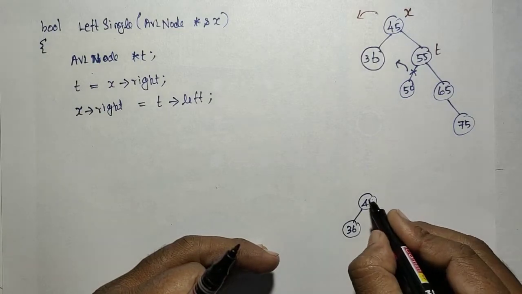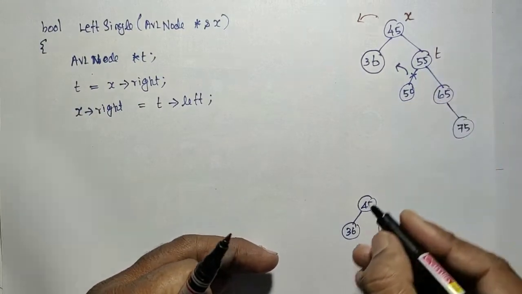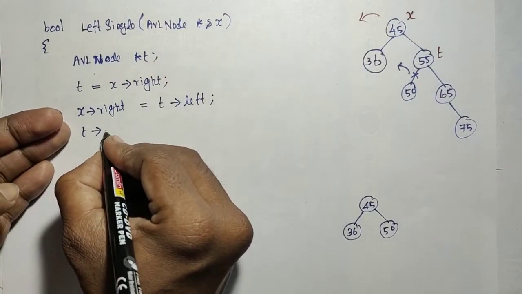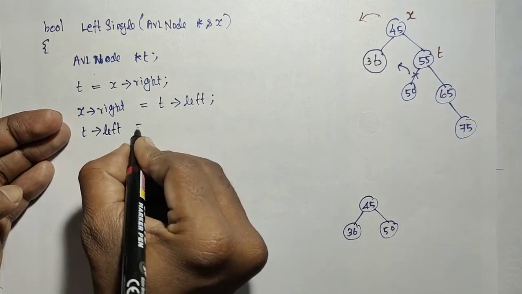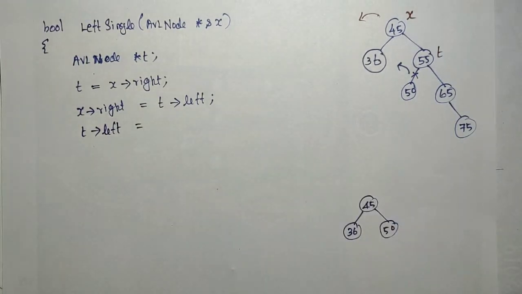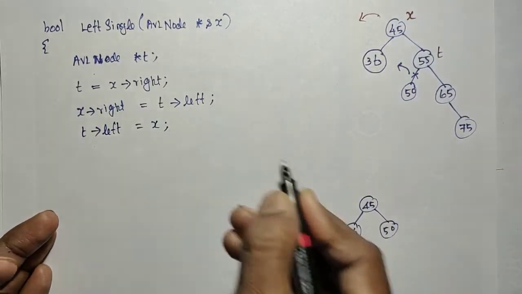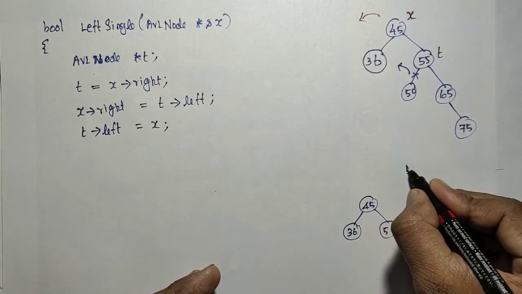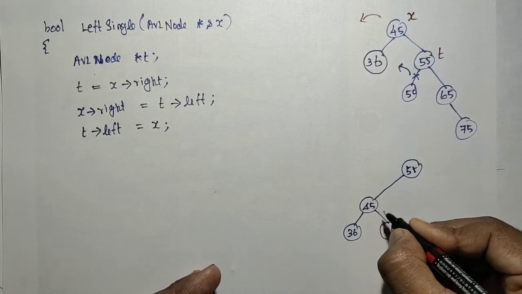Now that 45 has to be joined as the left of the t, so t of left equal to x, so the t of left means 45 is assigned as that x.